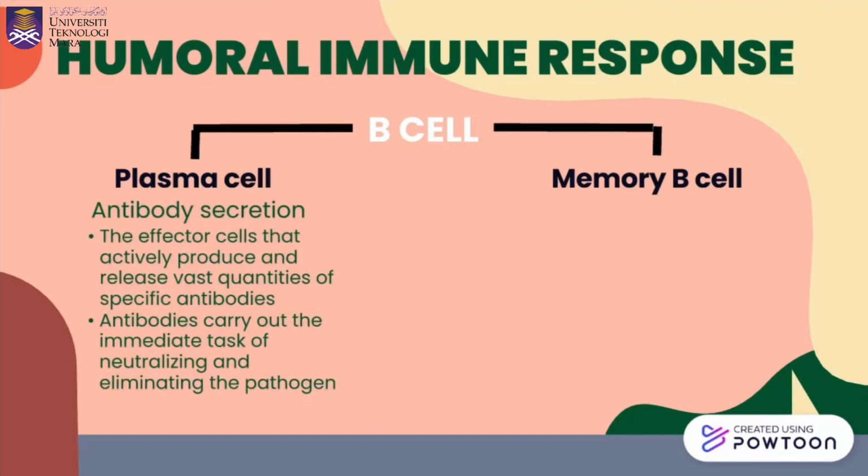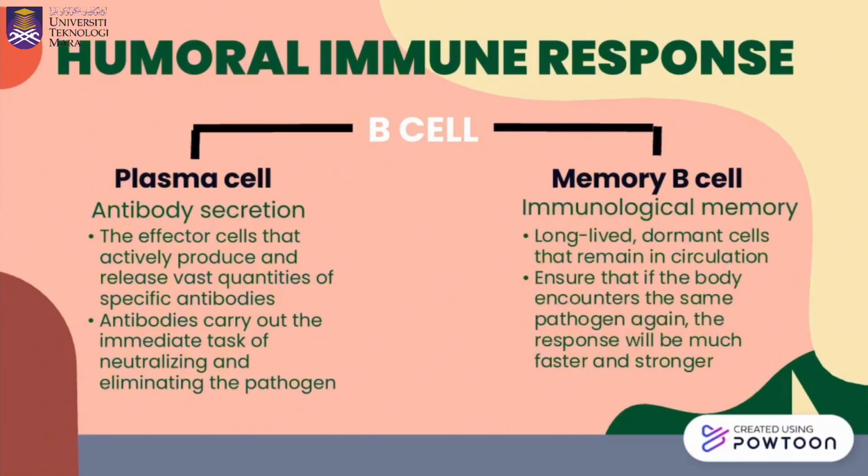Next, memory B cells. These are the cells responsible for immunological memory. They are long-lived, dormant cells that remain in circulation throughout the body. Their purpose is simple but vital: to ensure that if the body encounters the same pathogen again, the immune response will be much faster and much stronger, offering long-term protection.